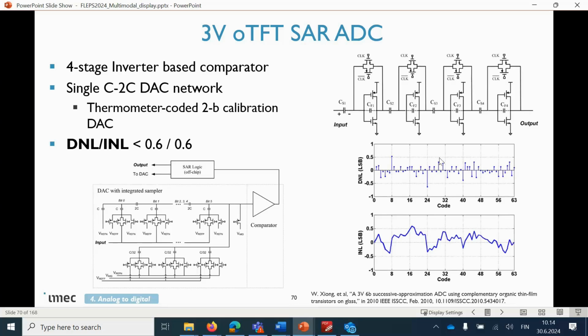Here you can see the result they give, using an inverter-based comparator, coupled capacitively, and also a calibration. A very good work using organic TFTs. A very good paper, actually. They outline all the problems that they had and how they dealt with all of them to make it work.